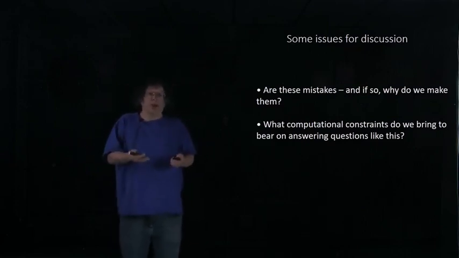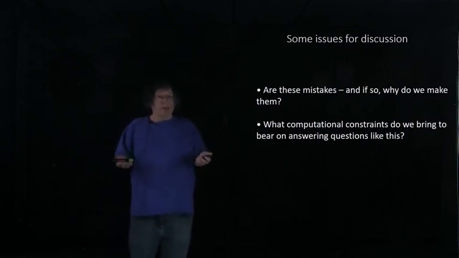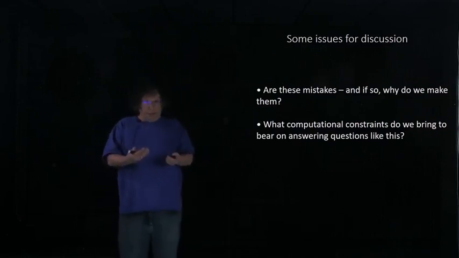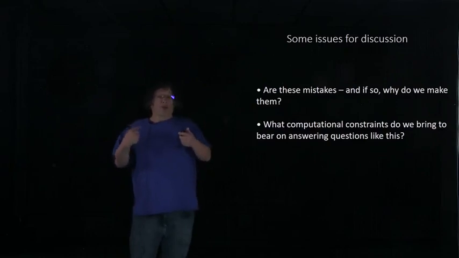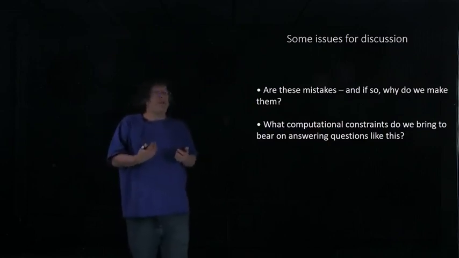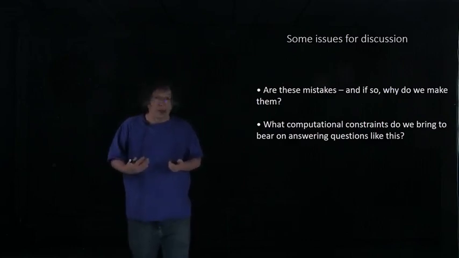If they are important, why do we make them, and can we train ourselves not to make them? Some people in the literature describe these as illusions, analogous to optical illusions, which means that they could be fairly pessimistic about the idea that we can train ourselves not to make these errors.